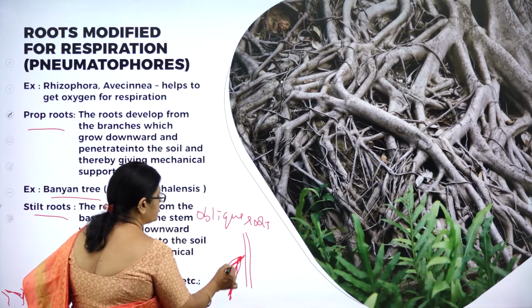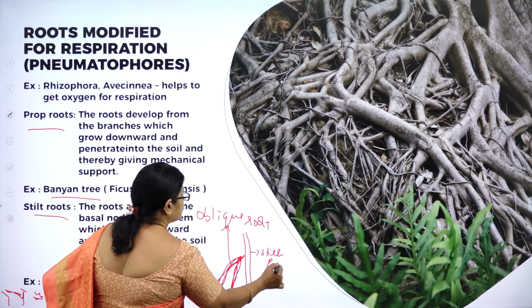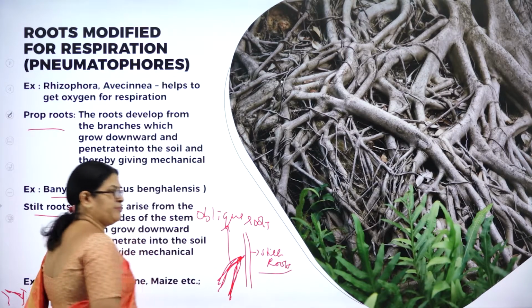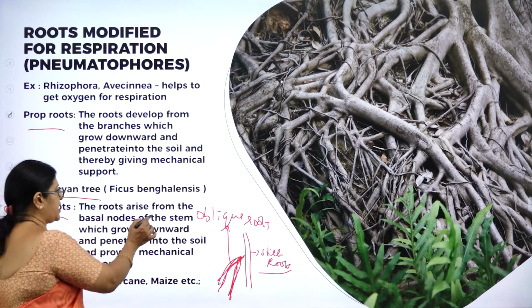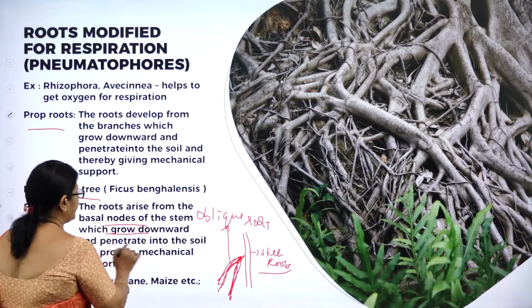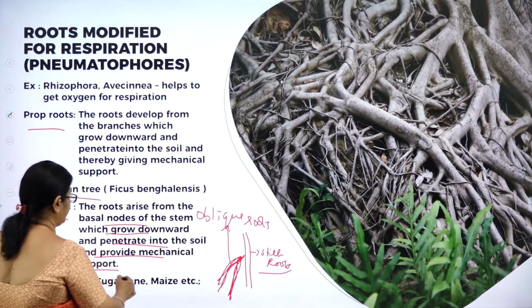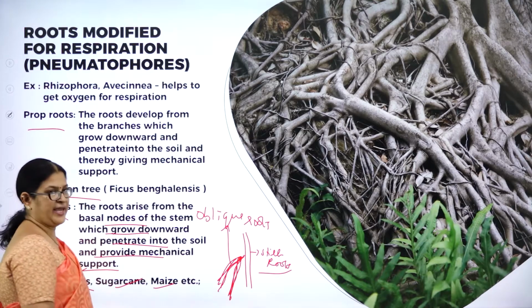They are called as what? Oblique roots, which are also called stilt roots, which give mechanical support. The roots arise from the basal nodes of the stem, grow downward and penetrate into the soil and provide mechanical support. We can give examples of pandanus, sugarcane, maize, etc.